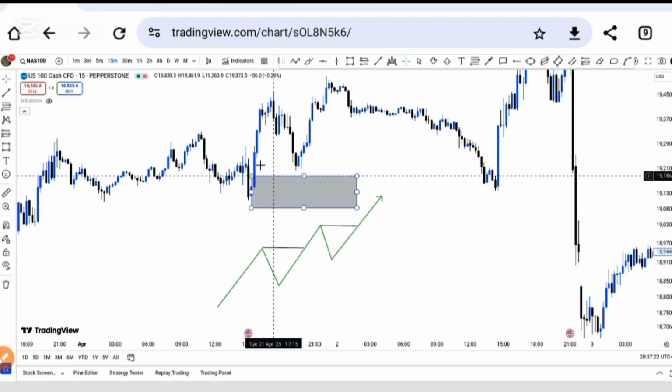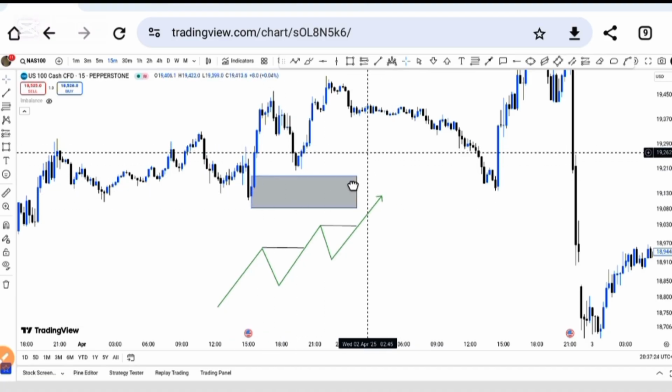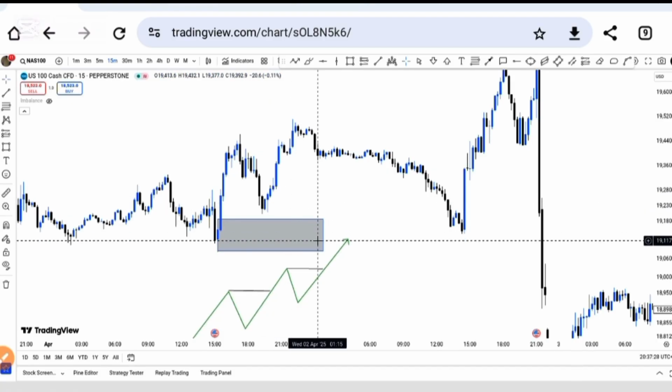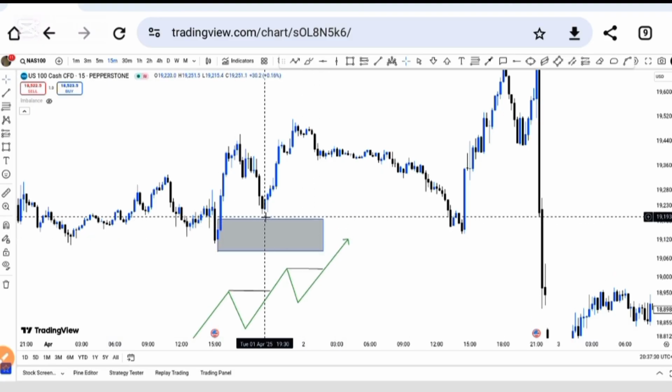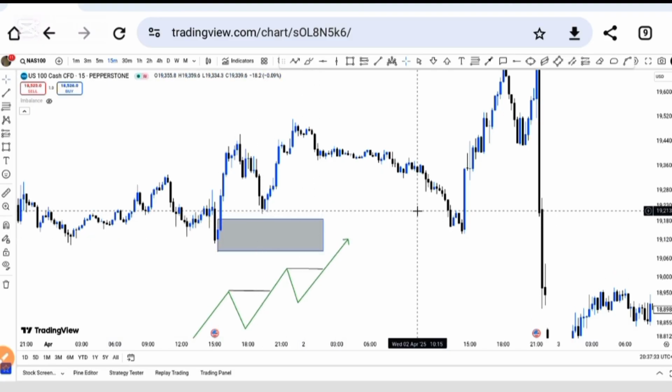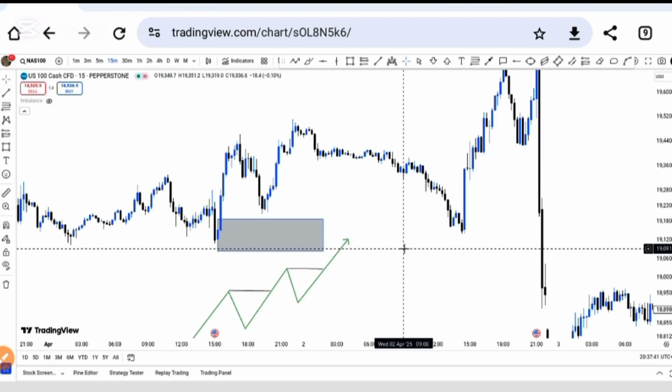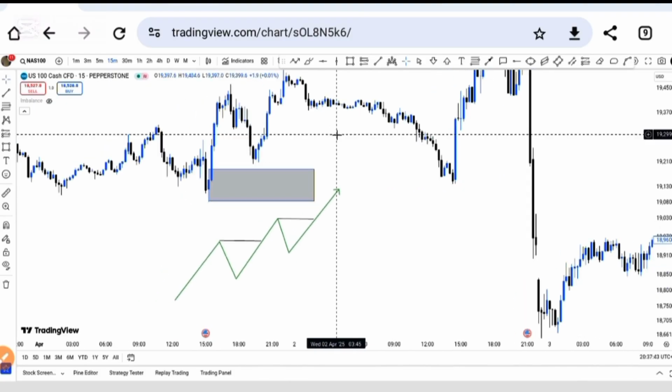So after marking out the order block, what am I looking for? I'm looking for an inducement. This is an uptrend, right? So that would be the discount zone of my Fibonacci. Assuming the market is in downtrend, I'll be looking for an inducement in the premium zone. So don't let me confuse you. The discount zone is the level below 50, and the premium zone is the level above 50.